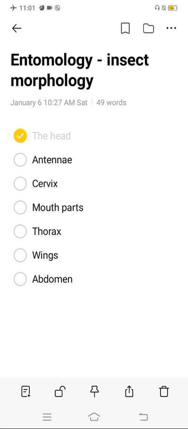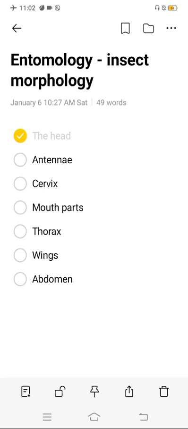So we mentioned some important head sutures like the clypeolabral, the clypeofrontal, also called the epistomal, then the epicranial, the occipital, along with the post-occipital, then the frontogenal or subocular suture, and the subgenal sutures. I hope you at least remember the names.